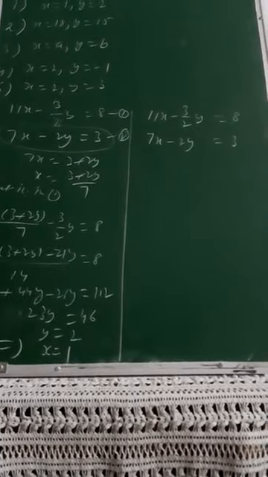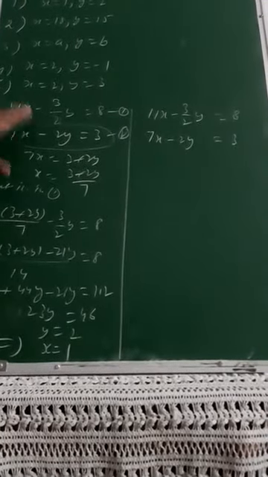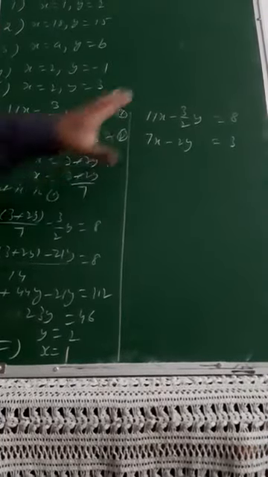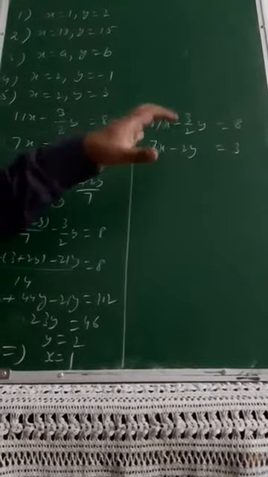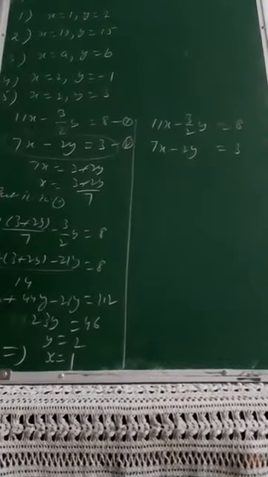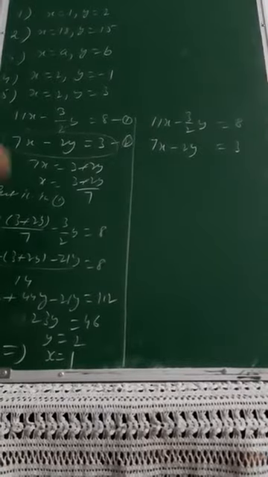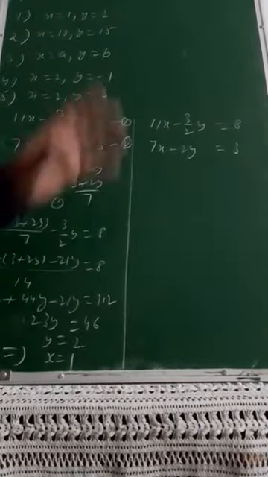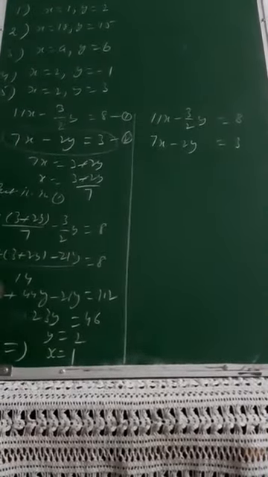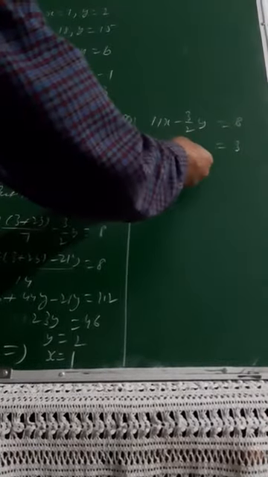I told you at the time of introduction that this is the method of substitution and this is the method of elimination. The method of elimination is also called the method of equating the coefficients. I said that suppose I decided to eliminate y. So what I have to do is equate the coefficients.